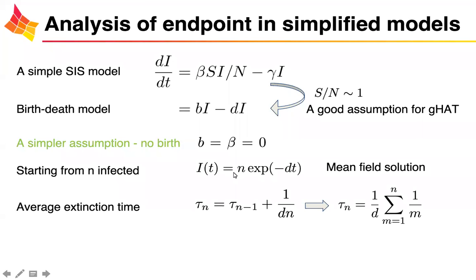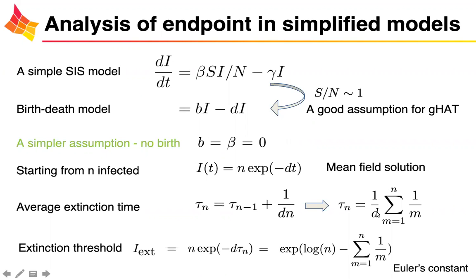And then we can estimate the average extinction time, and we know that when we start with n infected people, we can go to the n-1 state within the time of 1/dn, and that actually gives the estimate of the average extinction time by this series.